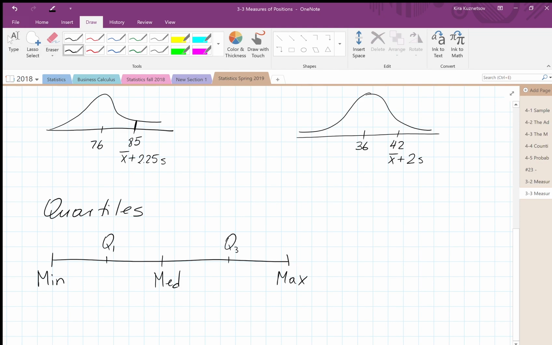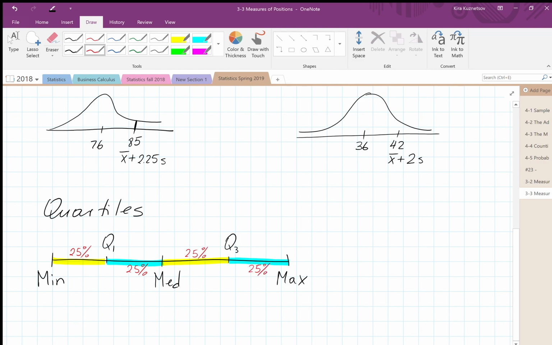What it does is it subdivides the data into 4 pieces. Piece number 1, 2, 3, and 4. So the first piece is my bottom 25%. This one is the next 25%. Then I have the next 25%. And then I have the next 25%.